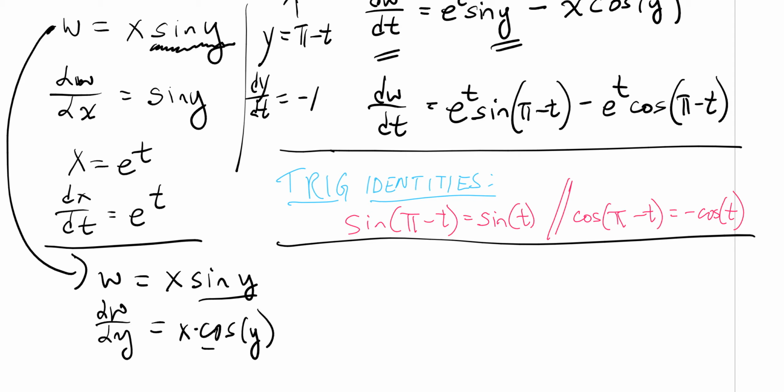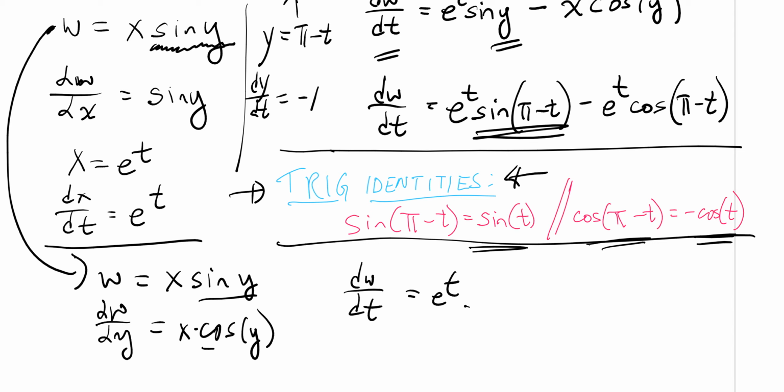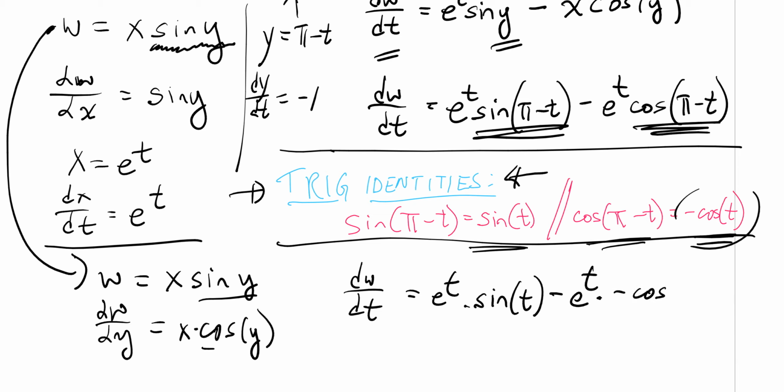And then to take this a little bit further in terms of simplifying, a couple of trig identities rear their head. Sine of pi minus t and cosine of pi minus t are these identities. Sine of pi minus t is equal to the sine of t, and cosine of pi minus t is negative cosine of t. So using those, we can go dw dt equals e to the t times the sine of t minus e to the t times negative cosine of t.